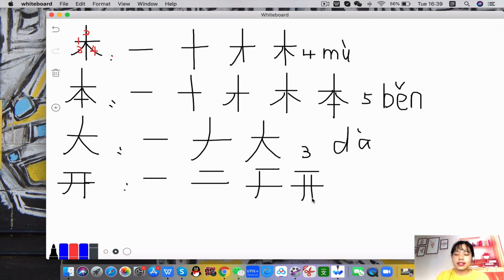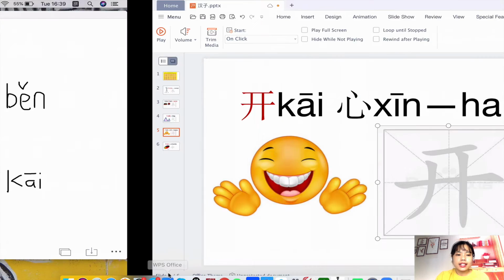This is called 开心的开. Here there are 4 strokes, 4 strokes of 开. Okay, now let's see the last one.